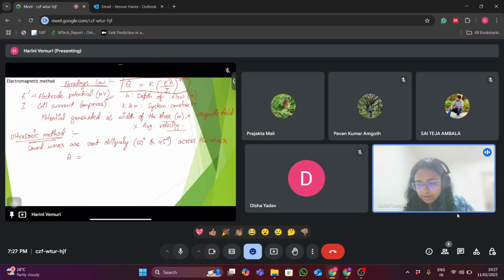Here the stream flow is equal to L square. Here L is the length of the path, D bar is the average depth of flow along AB, and VL is the stream velocity. VP is the component of stream velocity, which are terms in this.